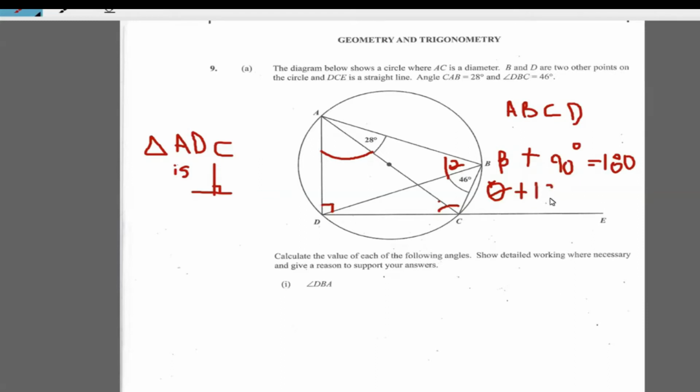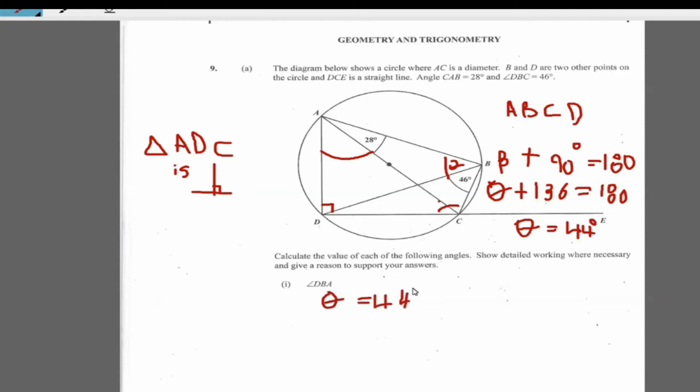So theta plus 136 is 180, and then theta is equal to 44 degrees. That's angle DBA. Angle DBA is 44 degrees.